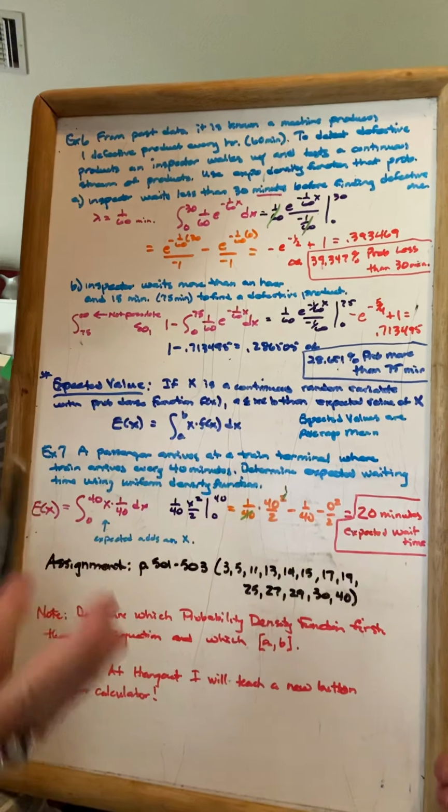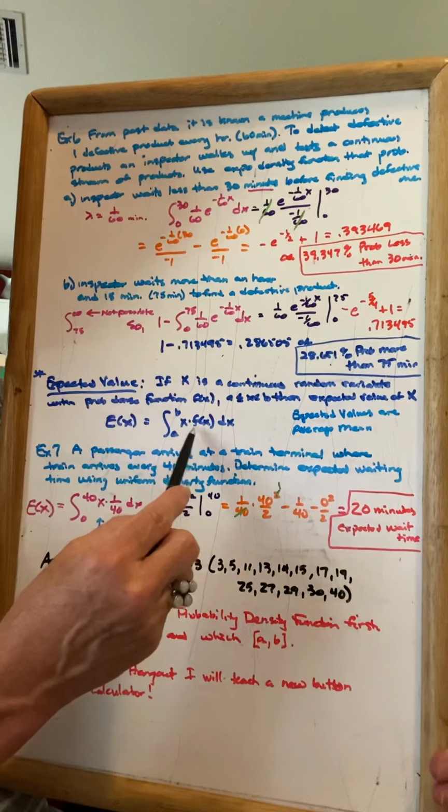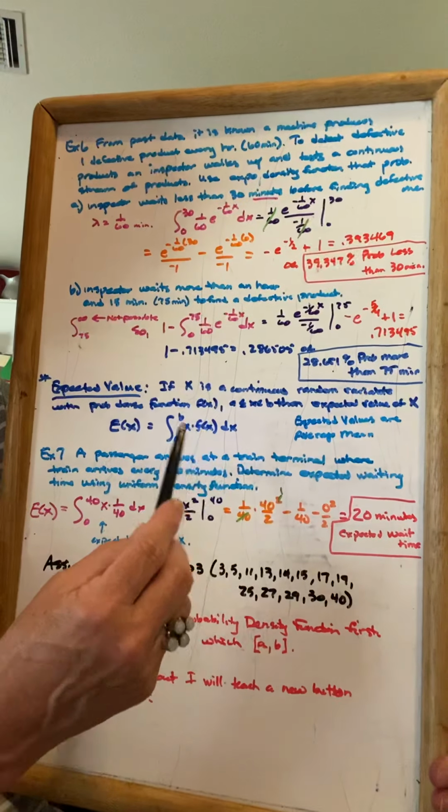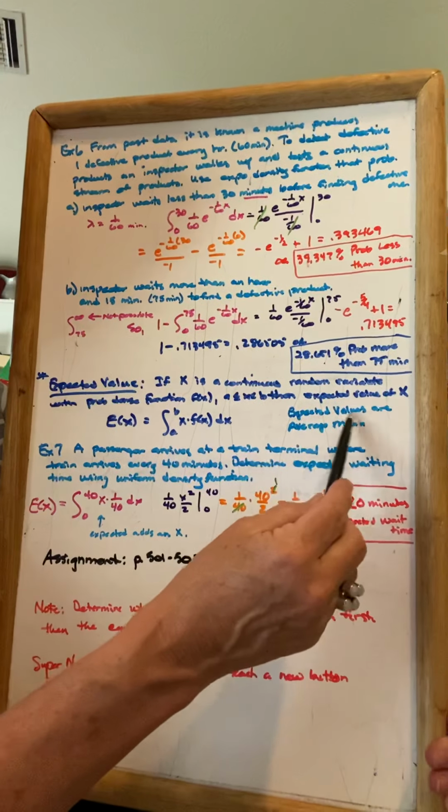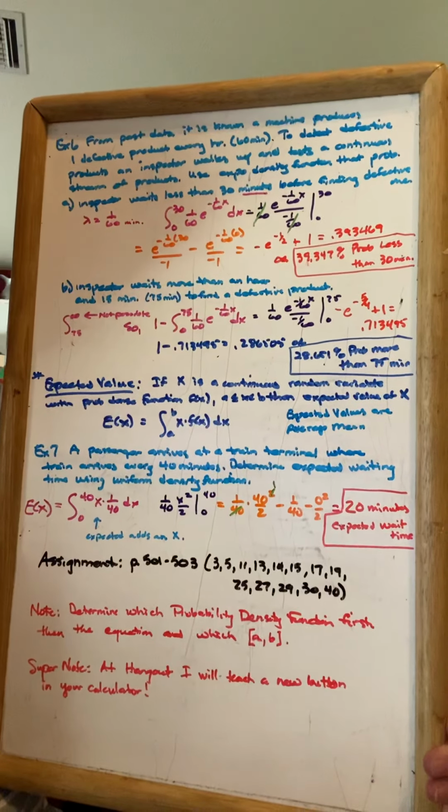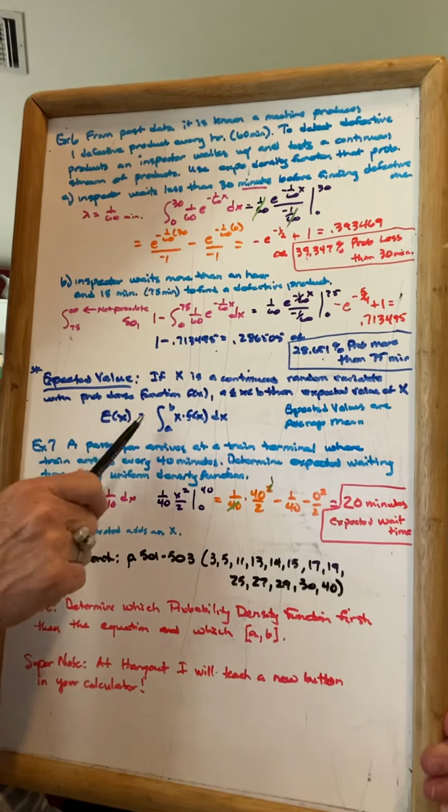In other words, you literally multiply your function times an extra x immediately. Expected values are average, mean. Okay, so that's all the definition and the formula.